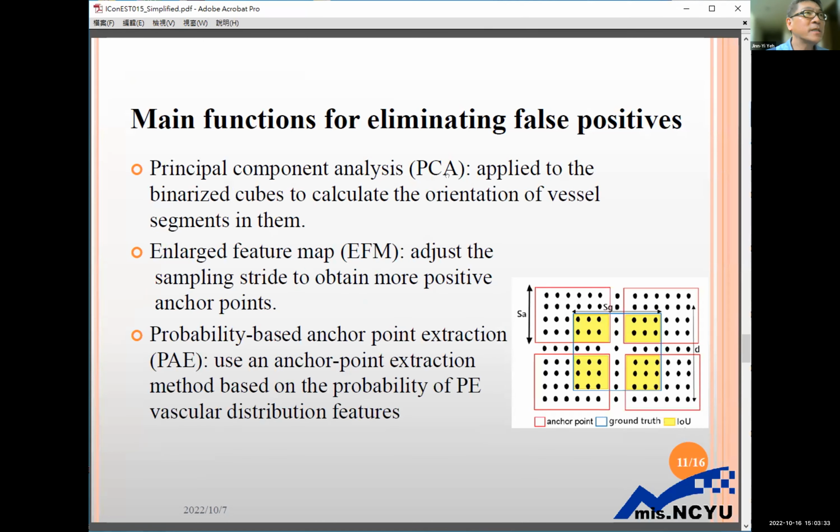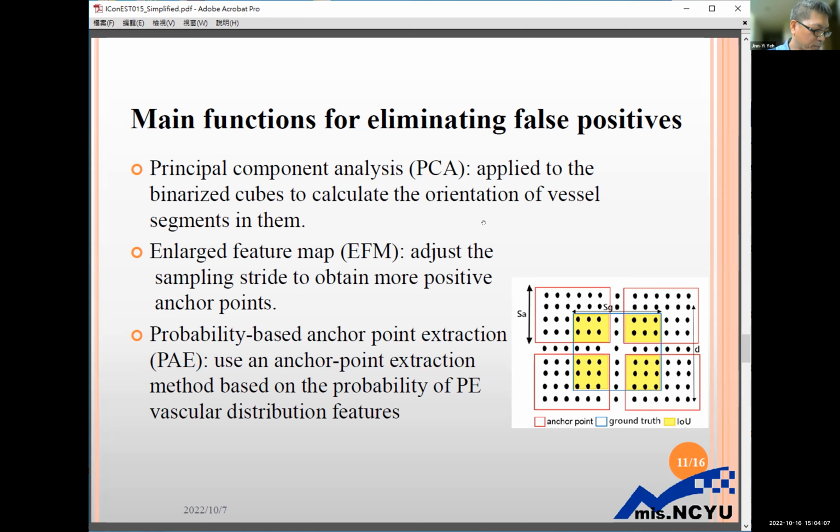And for this research, we have used some main functions. The first one is Principal Component Analysis, PCA, applied to the binarized cubes to calculate the orientation of vessel segments in them. The specific method involves extracting 3 eigenvectors V1, V2, V3 and their corresponding eigenvalues lambda 1, lambda 2, and lambda 3.